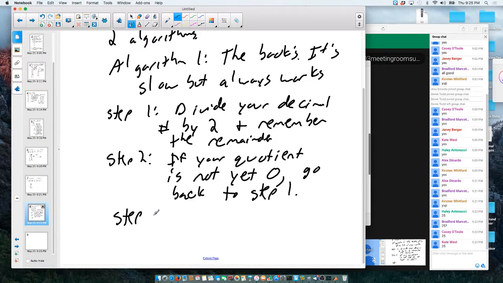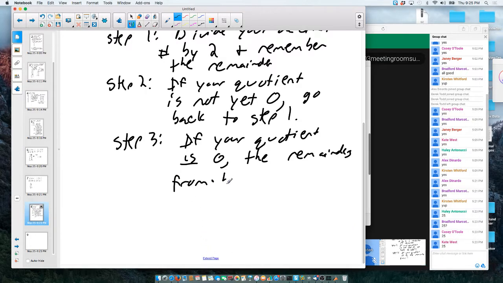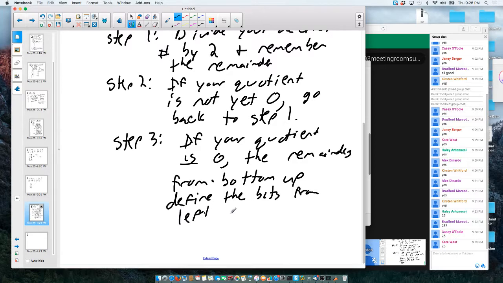Step 3, if your quotient is 0, the remainders from bottom up define the bits from left to right. So here's an example of this.